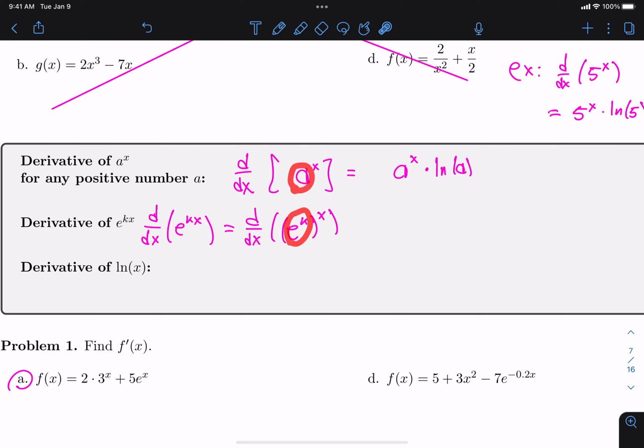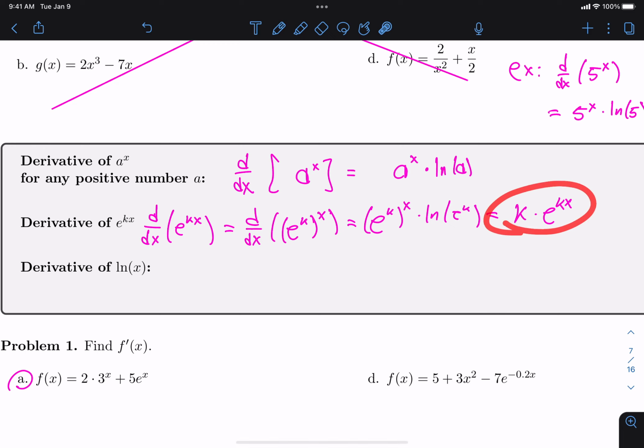So I'm going to write, using the previous rule, e to the k to the x times ln of e to the k, which is just k times e to the kx, because ln of e to the k is k.